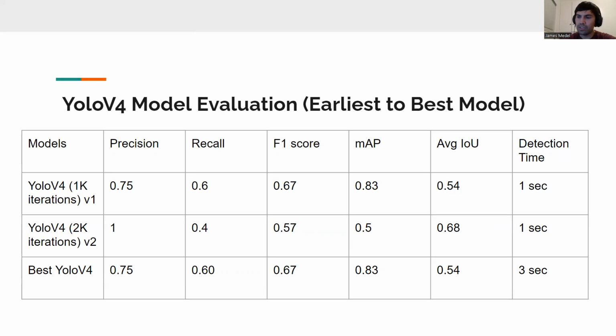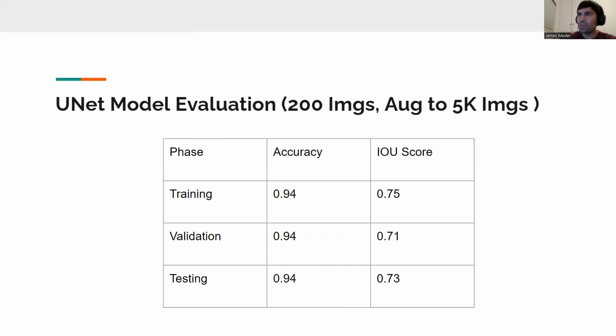I can increase the amount of images from 7,000 to 14,000 and do more training. For the average IOU, we can increase that as well. 54% is a bit low, so we want to increase how well the bounding boxes are predicted for their location.